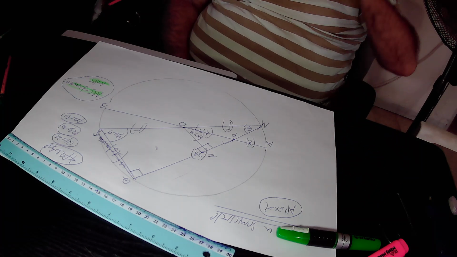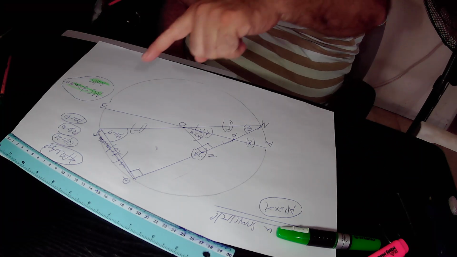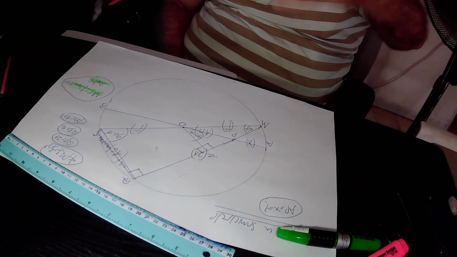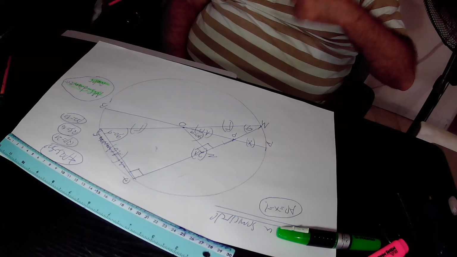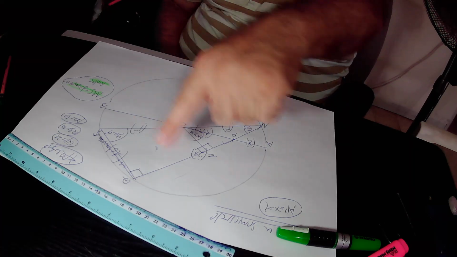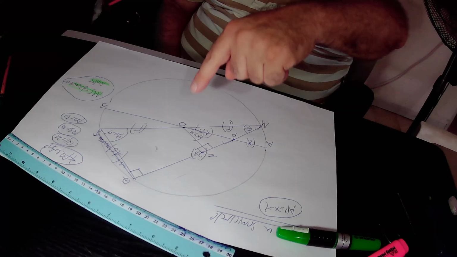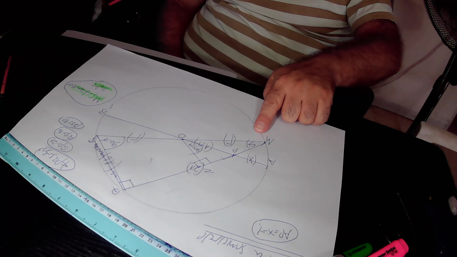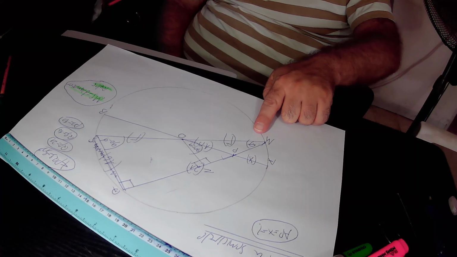It is very easy to see that the big right triangle SQM is similar to the small right triangle ONM according to the angle similarity rule. I will explain anyway why. First of all, this is angle M or alpha.